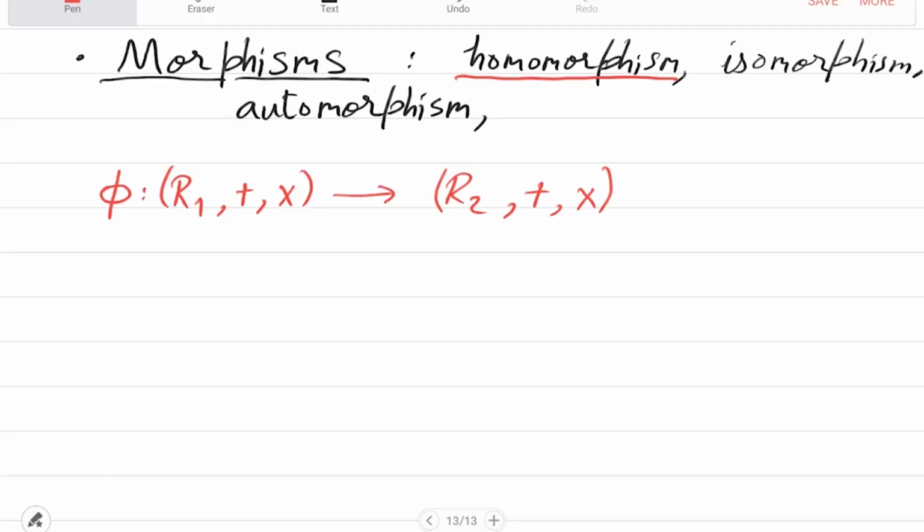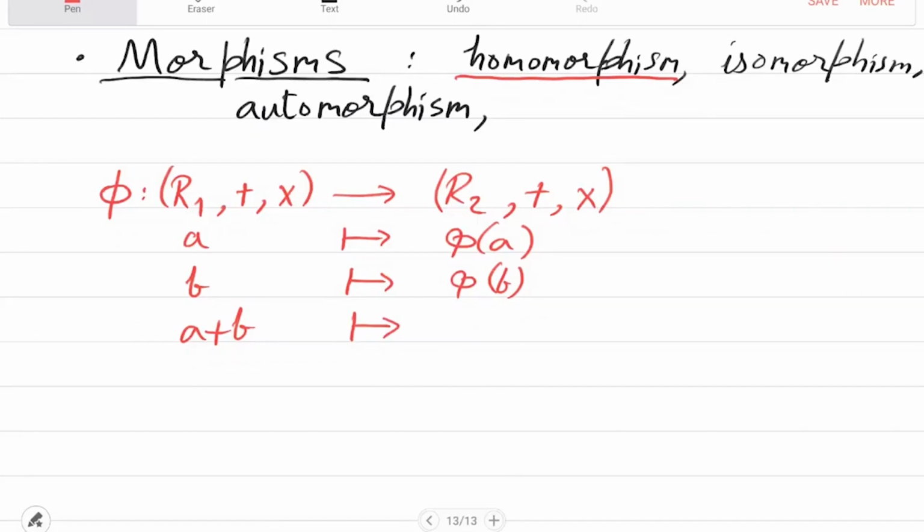So which means that if you have, it sends A to phi(A) and B to phi(B). Now where should it send A plus B? Exactly. So A plus B should not be left free.